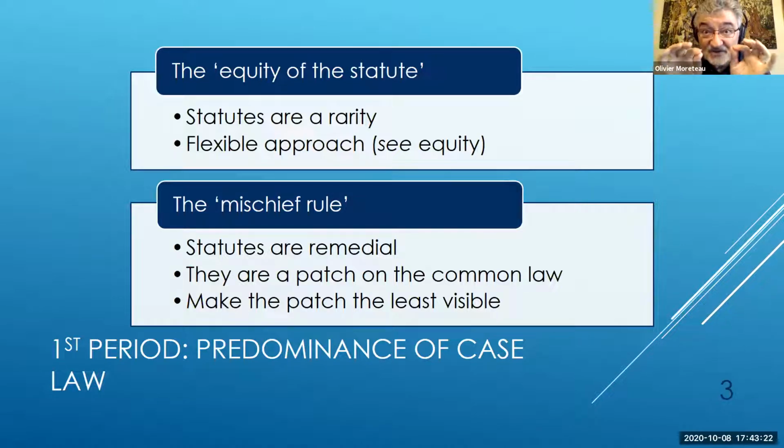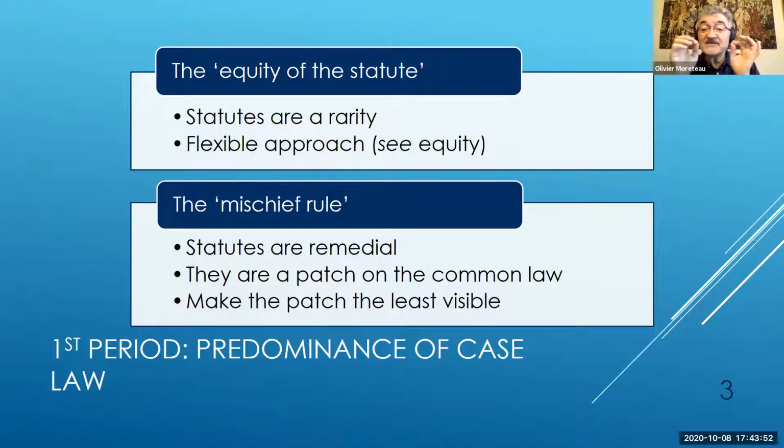Let's try to give an interpretation that targets the problem and favors the solution of the problem. So it was a sort of cooperation, if you will, with the parliamentary work, which was, I insist, exceptional in those days. One big method of interpretation came out of this, and it is known, at least in English law literature, as the mischief rule.